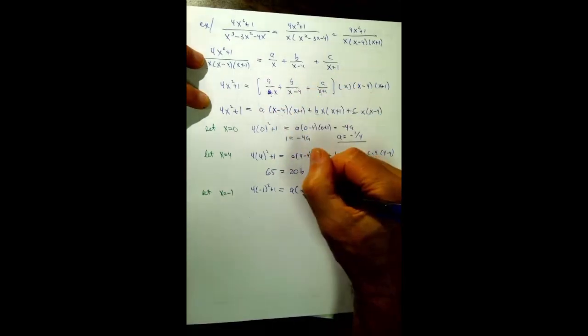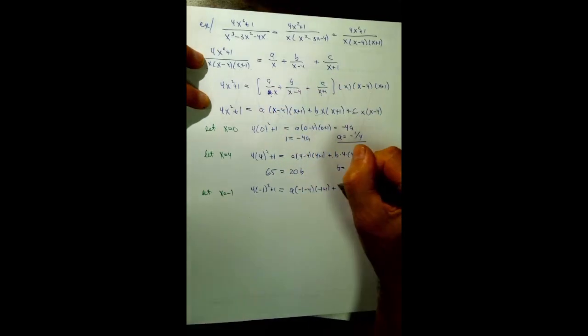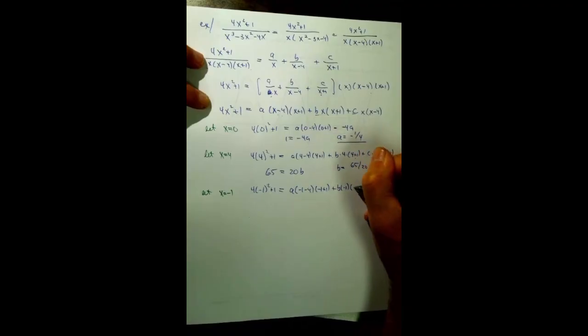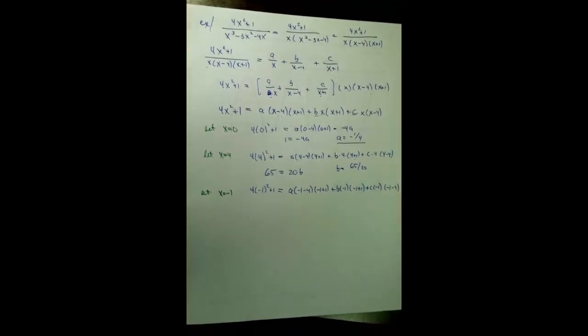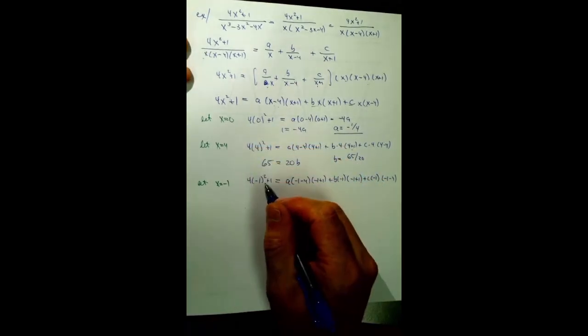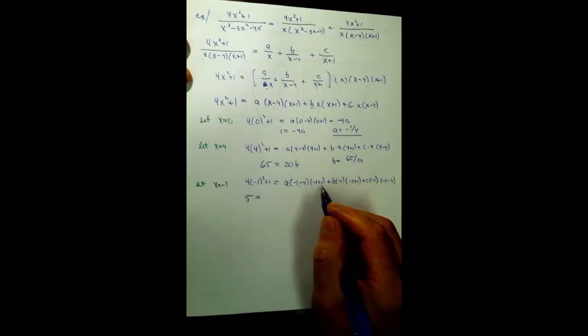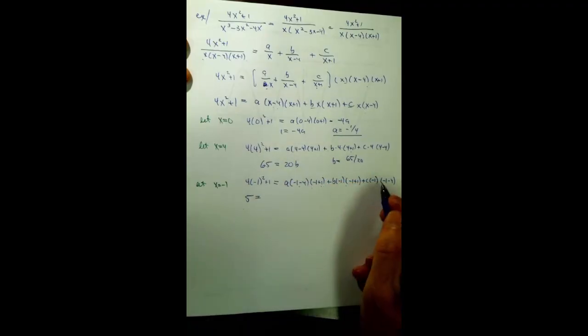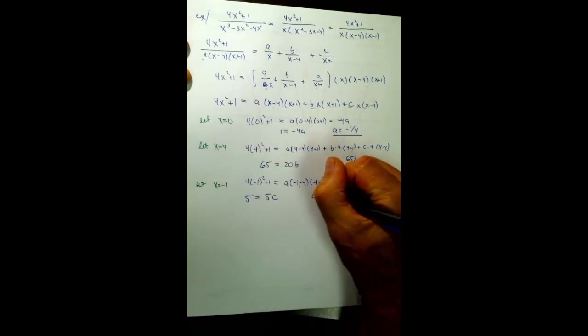I get a times minus 1 minus 4 times minus 1 plus 1 plus b times minus 1 plus 1 plus c times minus 1 minus 4. Whew. So 4 times 1 plus 1 is 5. This is going to be 0, 0. So this is minus 5 times minus 1 is 5. So c equals 1.